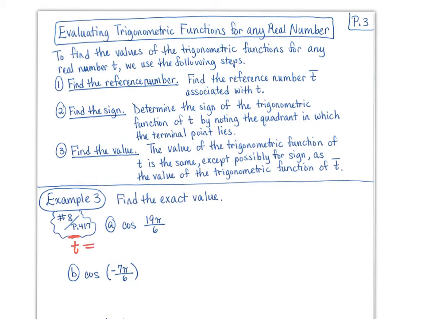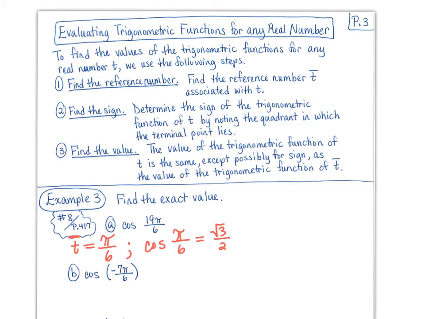So your reference angle is pi over 6. Now, cosine of pi over 6 is equal to what? Good, that's the square root of 3 over 2.